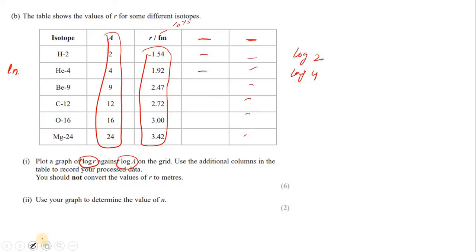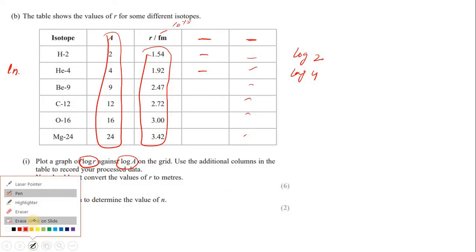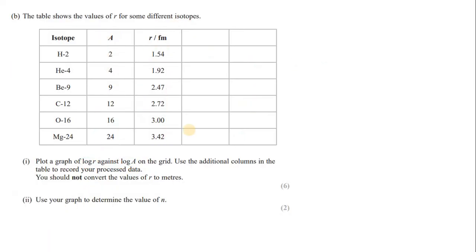Use your calculator to find all these numbers. The heading of the first column is log of A. Remember, A is a nucleon number, which is just a number, no unit. So log of A has no unit. The second heading is log of r, and the unit will remain the same, femtometer, but with log.